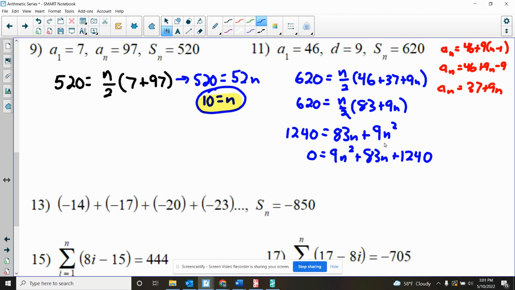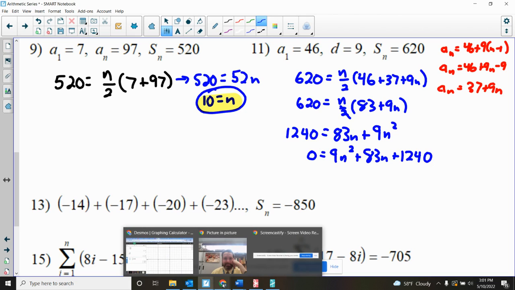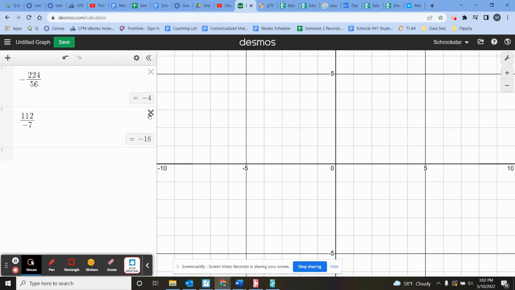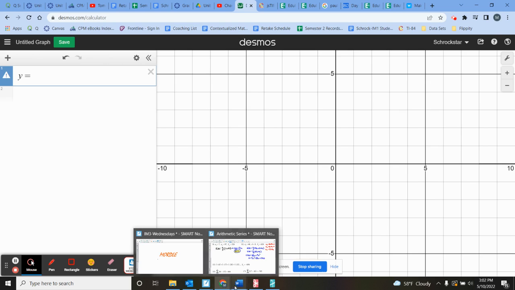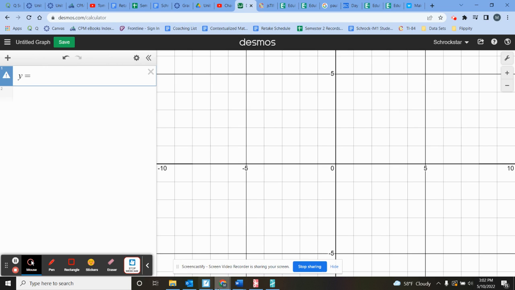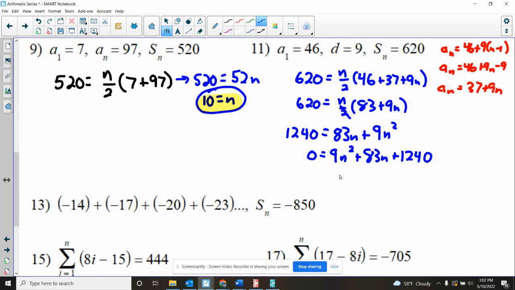You can use a quadratic formula on this. You can factor this, but I don't have that kind of time. I'm going to graph this. So over to my Desmos, I'm going to graph y equals. Notice I'm putting in y equals and not 0 equals. The reason for that will become very clear here in a moment.